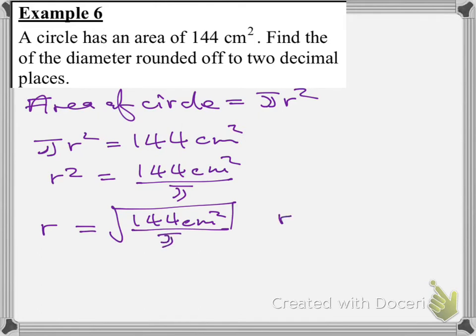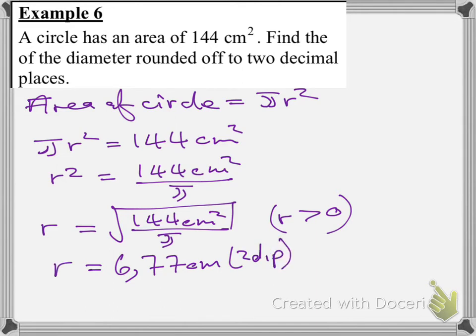Remember that our r should be greater than 0 because it's a positive magnitude. So we punch into our calculator square root of 144 divided by shift pi. Our answer will be 6.77. These are now centimeters, and this is to 2 decimal places. So this is the radius.